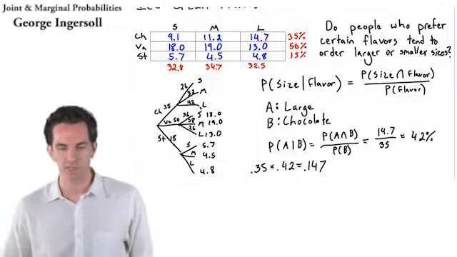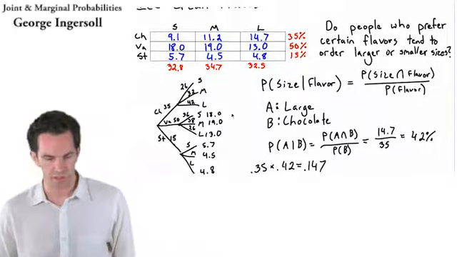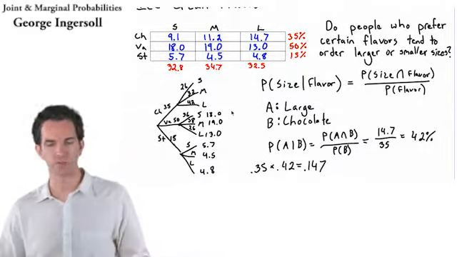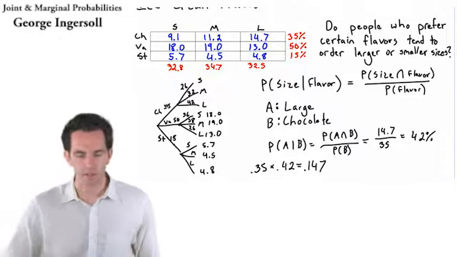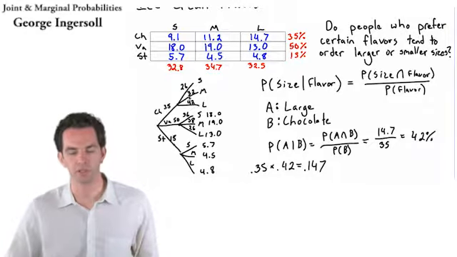Are we prepared to make a statement about whether people who prefer certain flavors tend to order larger or smaller sizes? Well, yeah, we can say that. Now you can sort of forget about everything over here and just say, someone who orders chocolate, 42% of them are going to order a large, and 26% of them are going to order a small.